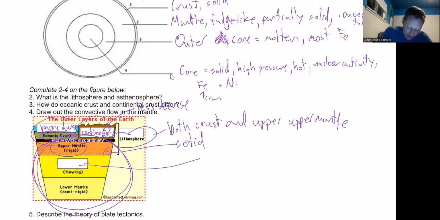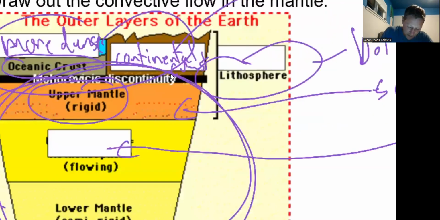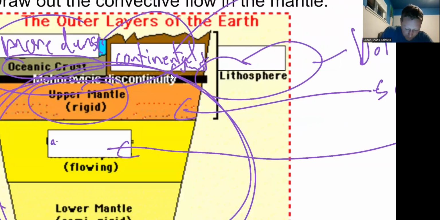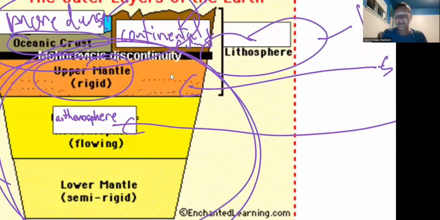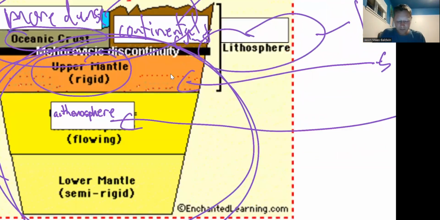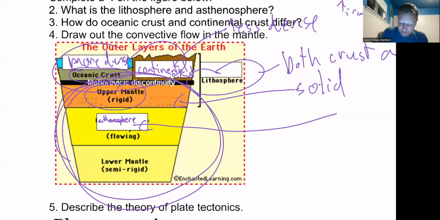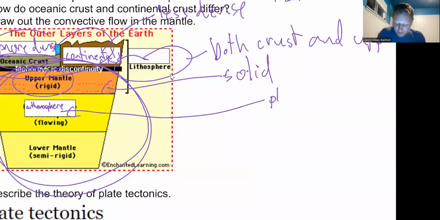And then there's the next layer of the mantle, which I just have this little box, which I'm going to zoom in, but if you need some more room, go for it. It's called the asthenosphere. And this is like a smooth layer of mostly liquid. This is kind of that fudge-like, semi-rigid, but a little bit more slippery layer. This is the layer at which the plates float on.